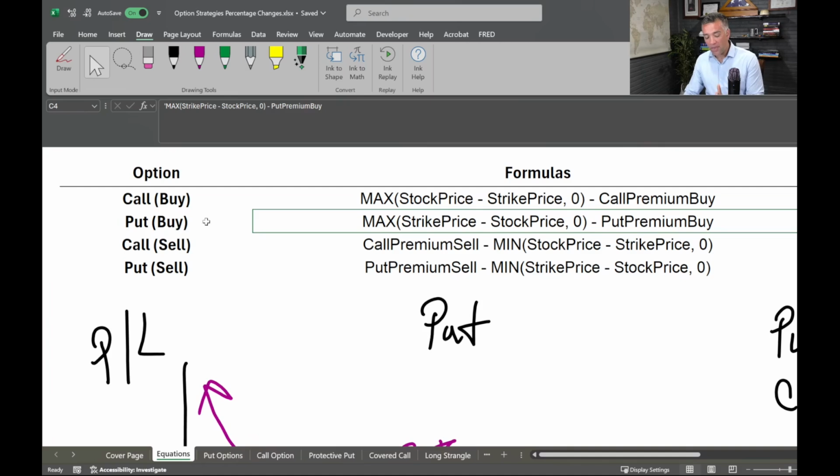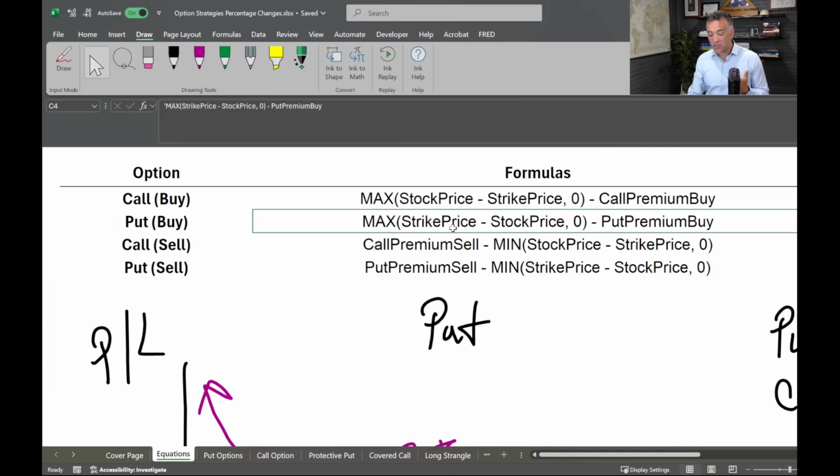So real quick on the put, I want you to think about, if you bought the put, what is your profit loss? Well, your profit loss is going to be the strike price, right? I could sell for 90, and if the stock goes below that, let's say 50, I sell for 90, and the stock is 50, so I make 40. So it's going to be the strike price minus the stock price. It makes sense, right?